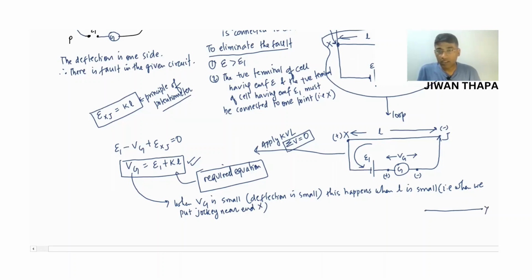This is Y, this is X. When we put jockey near end X, then the length is small. So when the length is small, then the deflection is small.